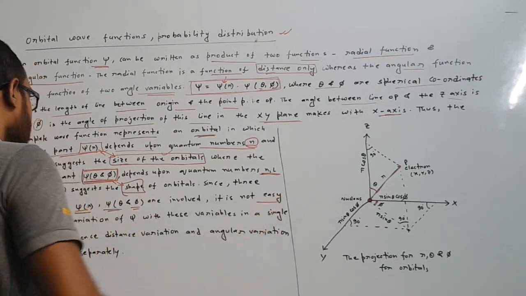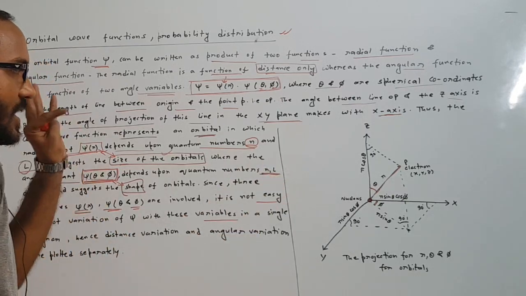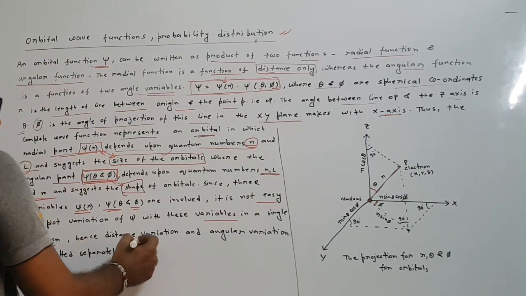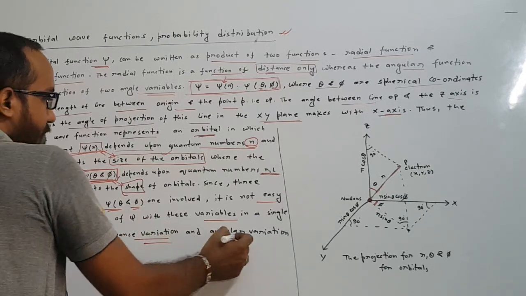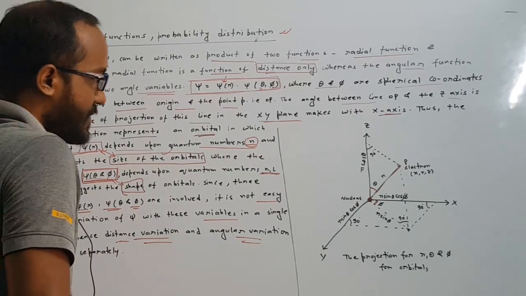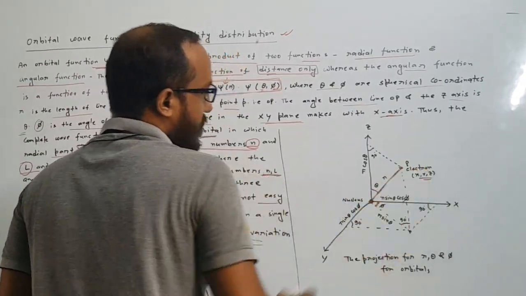One is psi of r, one is psi of theta, and another is psi of phi. So it is not easy to plot the variation of psi with these three variables, that is r, theta and phi, in a single diagram. Hence we plot different diagrams for angular variation and for radial variation. So this is the complete diagram. This is the position of the electron in xyz coordinates.